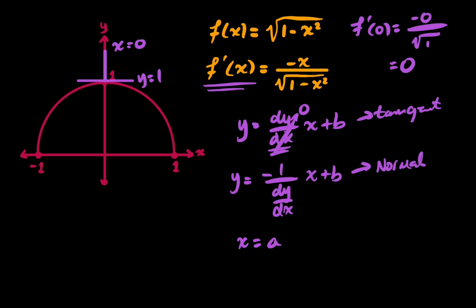It's just going to be right on top of the y-axis, we could say. And so that would be the case in which we have a horizontal tangent and as a result a vertical normal. But now let's see what happens when we have a vertical tangent and a horizontal normal.